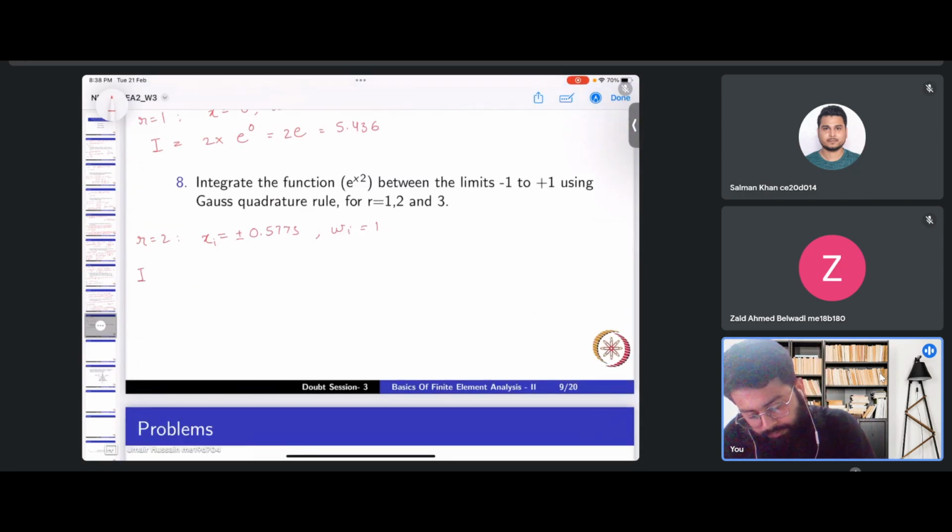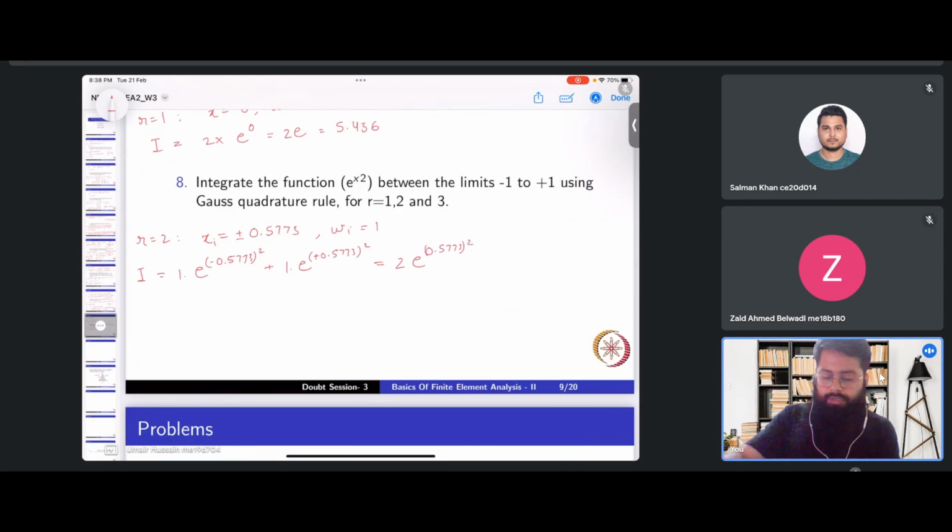So our integral becomes 1 into e to the power minus 0.5773 square plus 1 into e to the power plus 0.5773 square. So again, square makes the negative number also positive. So we are left with 2 times e to the power 0.5773 square. So let's see what we are getting here.